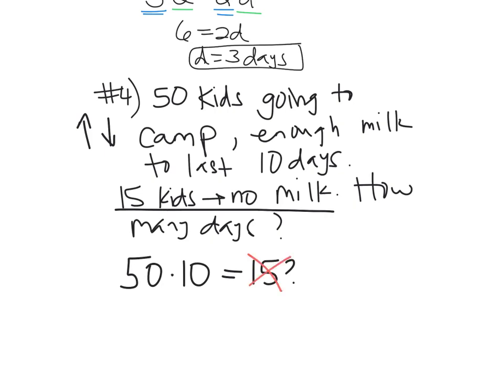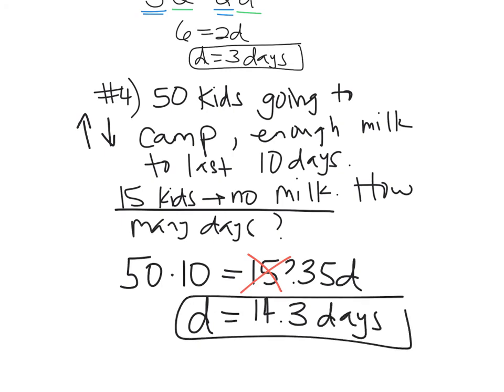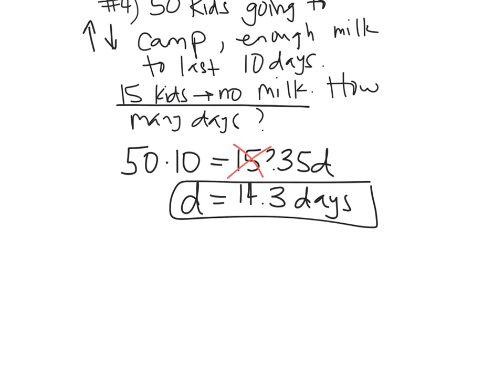How many kids are going to drink the milk? 50 minus 15, 35, times the number of days. So 50 times 10, and then divide by 35. So the milk's going to last you about 14.3 days.